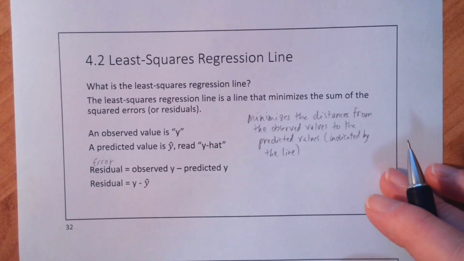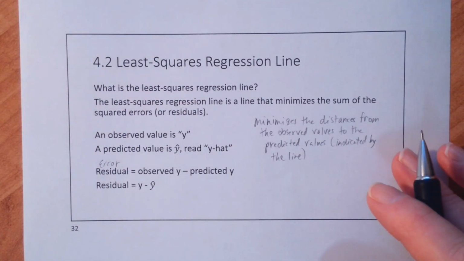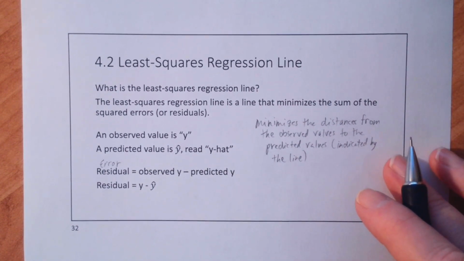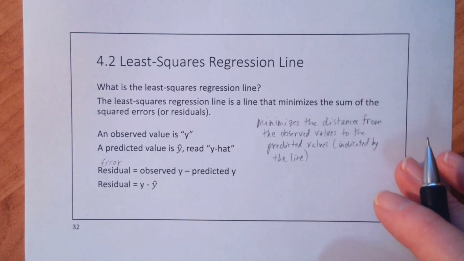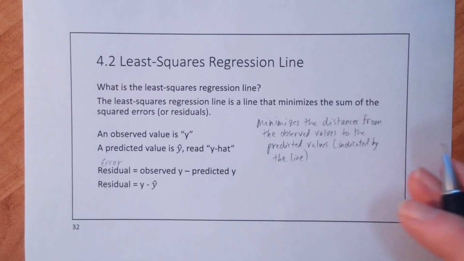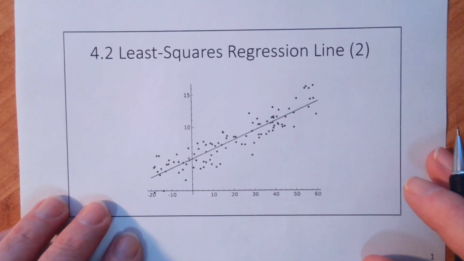I do want to correct one thing I said. In 4.1, we actually just showed that we had a positive or negative linear relation. It's in section 4.2 that we're actually looking for a line of best fit to model that data. Okay, so here's an example of a least squares regression line.